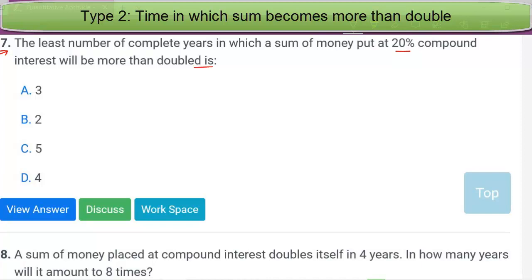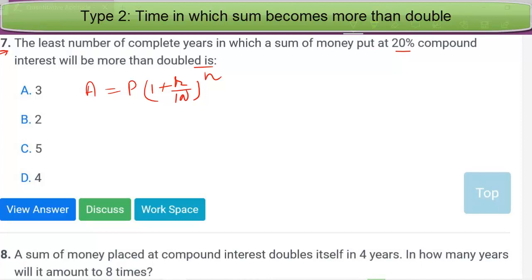You know the formula for compound interest, which is amount is equal to principal times 1 plus r by 100, raised to power n. Here n is the number of years, r is the rate of interest, p is principal, and A is the amount, right? It is given this is more than double.